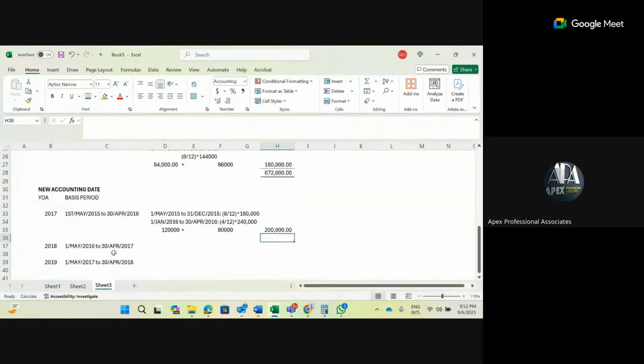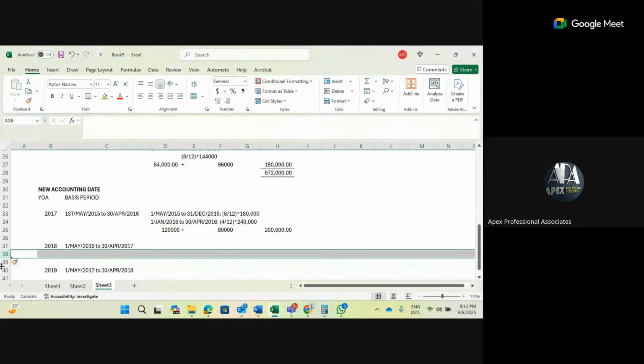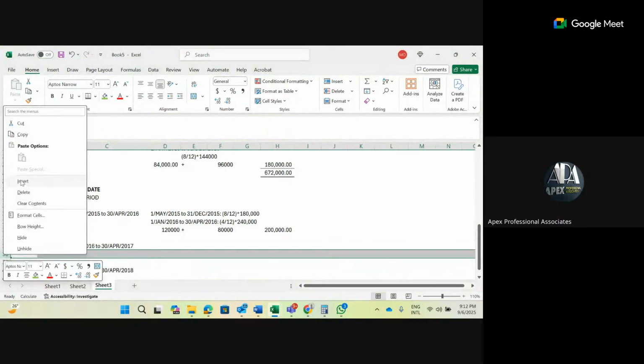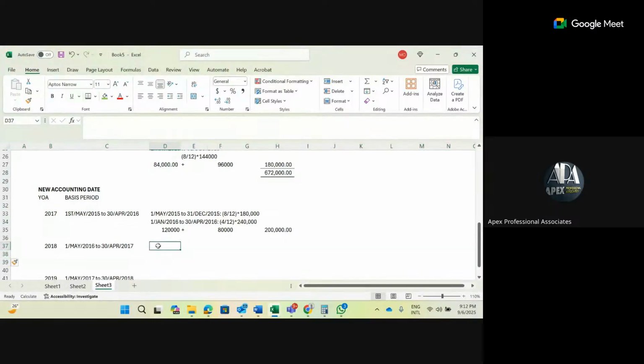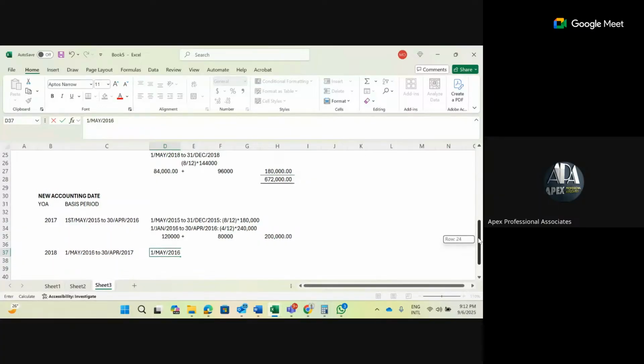For the second year, the way we show this analysis, we need to show it there also. What is this analysis for the second year? This is going to be from 1st of May 2016 to 30th of April 2017.